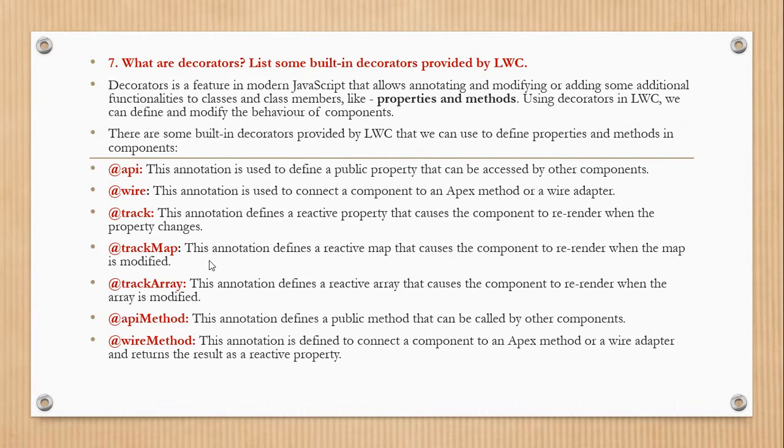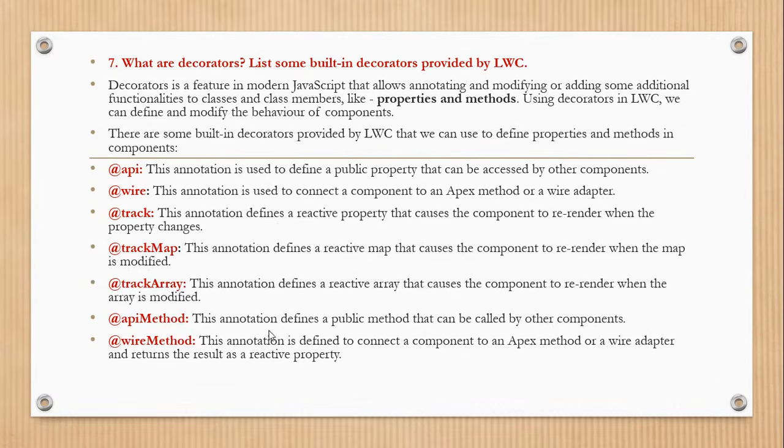Next, track map. This annotation defines a reactive map that causes the component to re-render when the map is modified. Track array: this annotation defines a reactive array that causes the component to re-render when the array is modified.